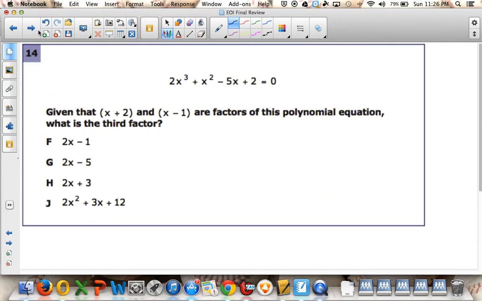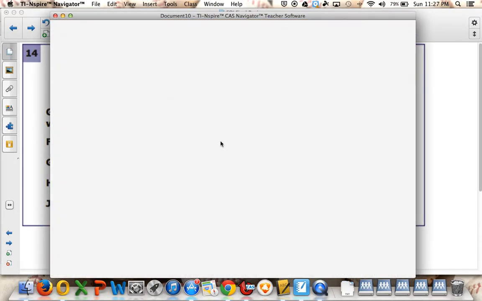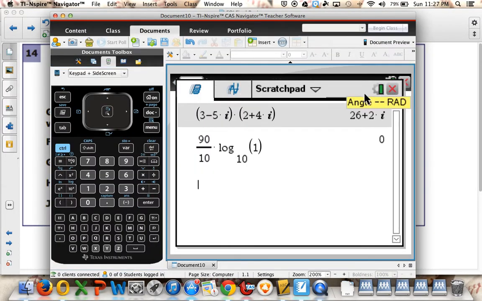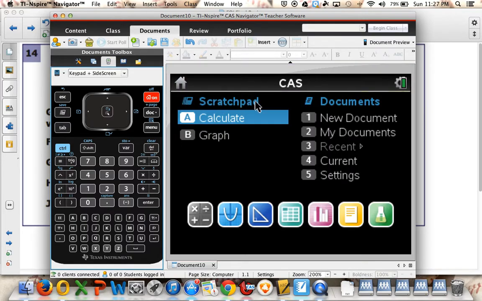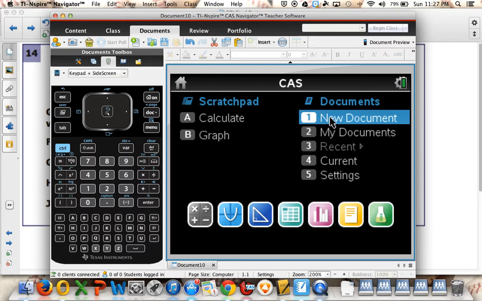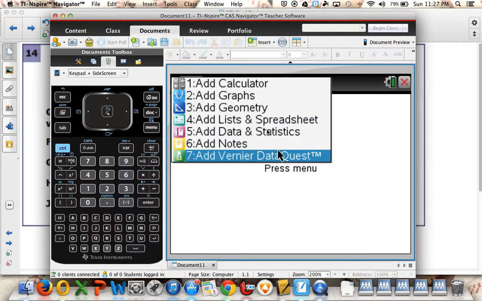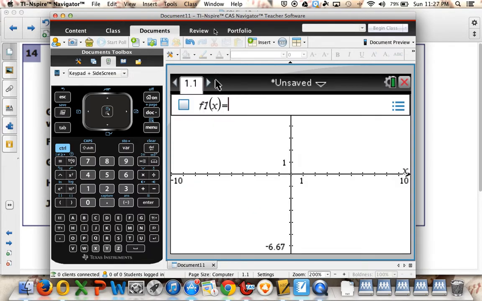Question 14: Given that x plus 2 and x minus 1 are factors of this polynomial equation, what is the third factor? What I need to do is graph this and find the zeros of this function. I'm going to go to new document, add graphs.